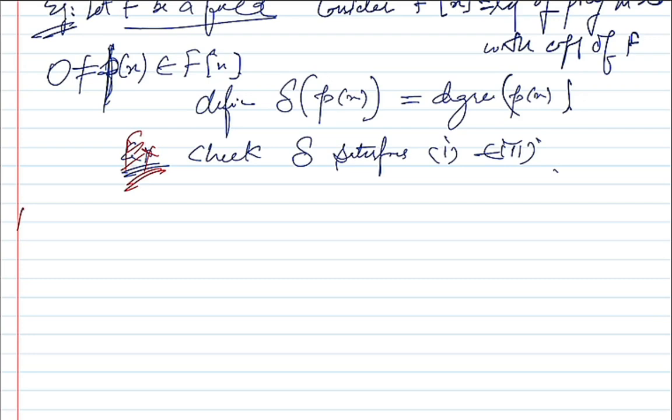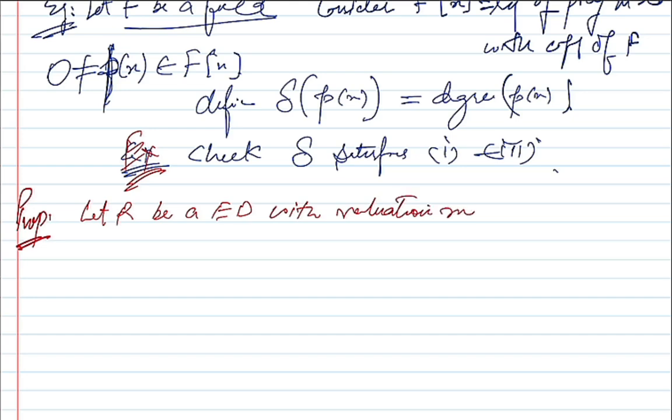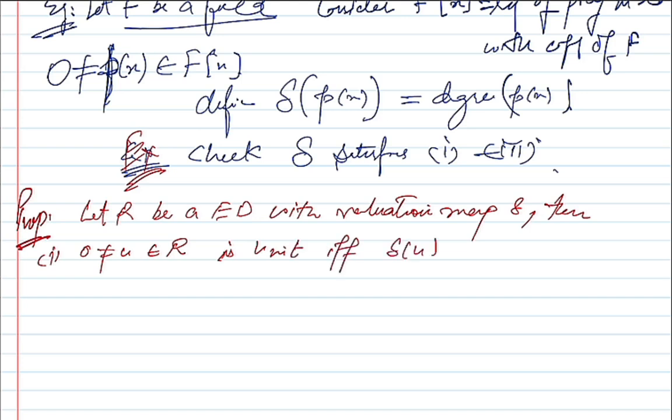Next, let me write this proposition. Let R be a Euclidean domain with valuation map delta. Then, first, a non-zero u is a unit if and only if delta of u is equal to delta of 1.